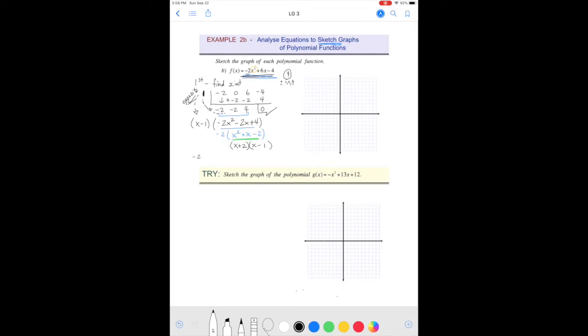So the -2 is like the GCF. It has no bearing in the actual x-intercepts, but this is one part, this is another part. Or if you want to write it, you can write it as -2 times x plus 2 times x minus 1 with a multiplicity of 2. Okay, so that's important when we're drawing.